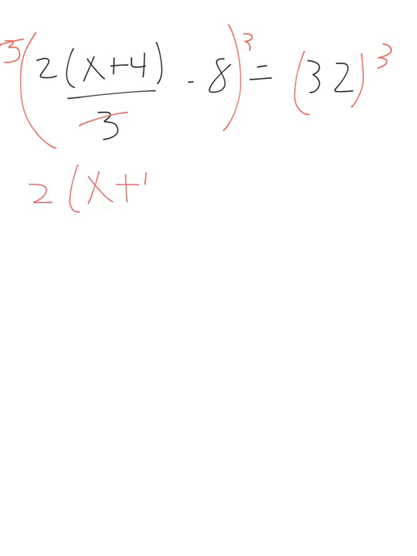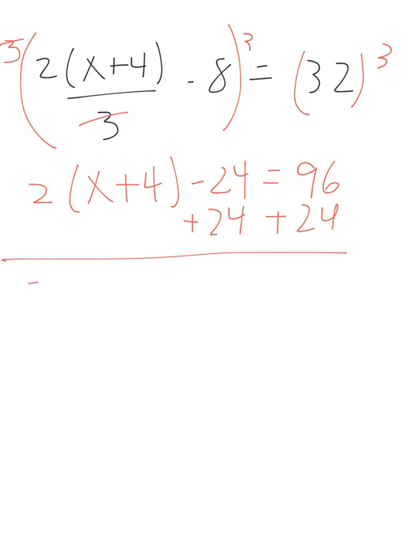And this is where one of the groups made a mistake. It's minus 24. They forgot to multiply this by 3. If you add 24 to both sides, you're back to the 120.